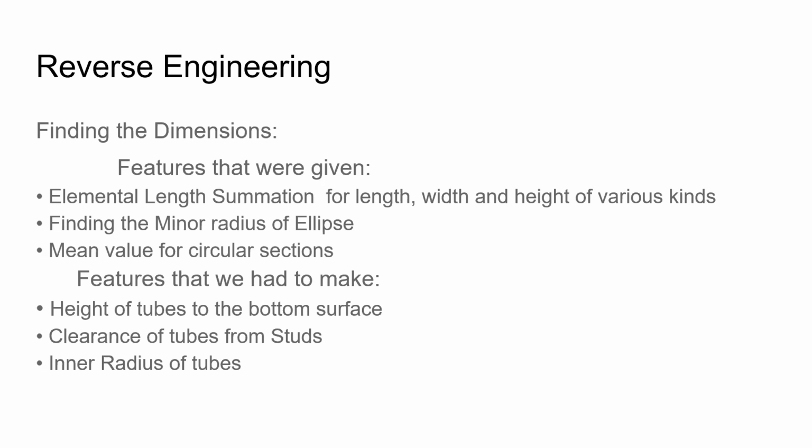The features that we had to make relied on the stacking mechanism of the brick. Once the stud diameter was found, it was easy. We used the elemental summation method to find the distance between the wall and the stud center as well, and also the distance between the two studs.